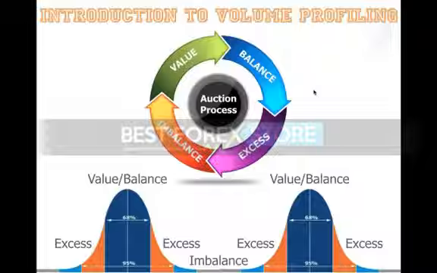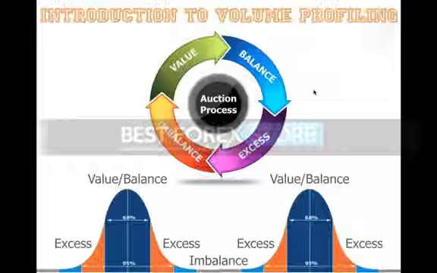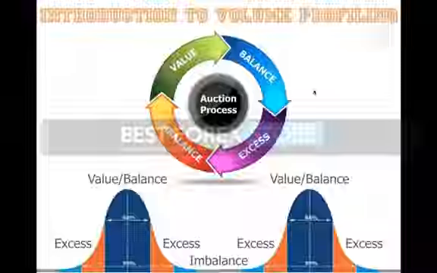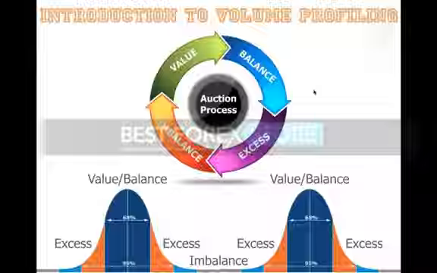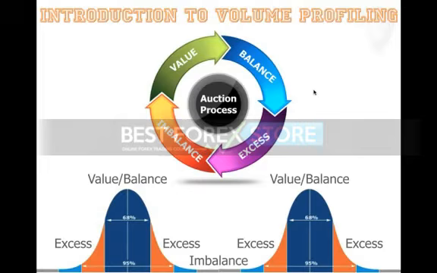You go from excess up to value and balance, and then you get excess and imbalance, and then you find excess, value, balance all over again as price moves up and down the distribution curve. And once price is not happy trading within that middle 68%, you see excess, imbalance, and you see price move to another area where a 68% value area can be created.